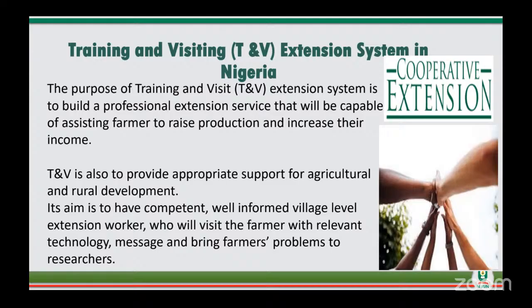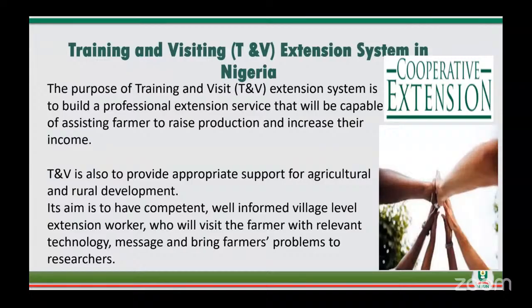The T&V is also to provide appropriate support for agricultural and rural development. Its aim is to have competent, well-informed village-level extension workers who will visit farmers with relevant technology messages and bring farmers' problems to the research institute or to the researchers.